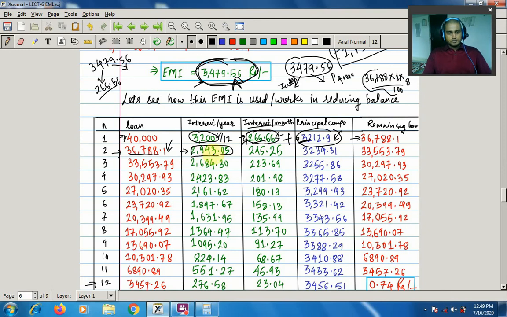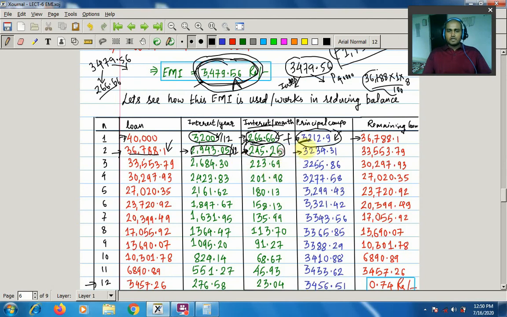What is the interest for a month? Divided by 12. So you will get 245 rupees. So this much amount you will give to the bank as interest out of this EMI amount. How much remaining? 3,479 minus the interest amount. How much is left? This much is left.